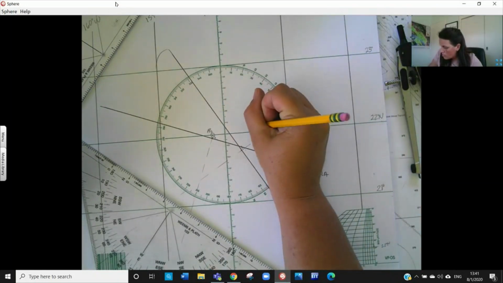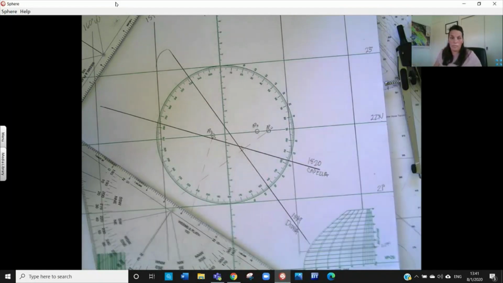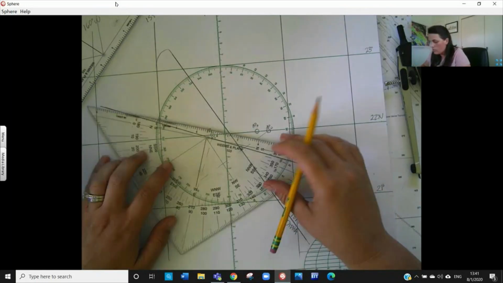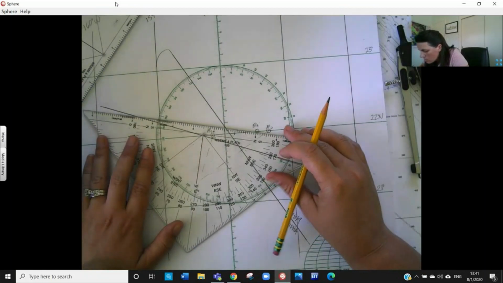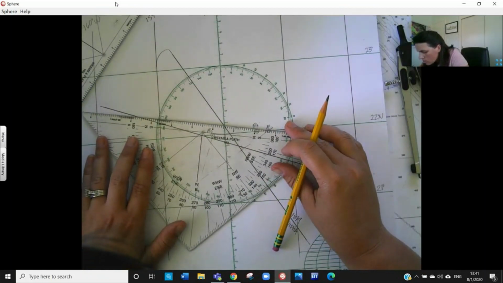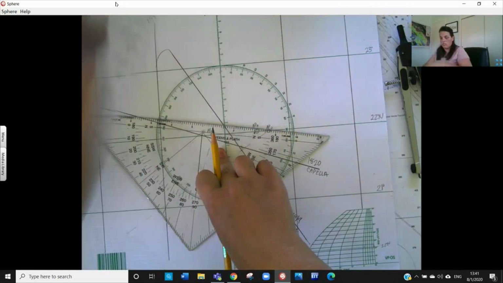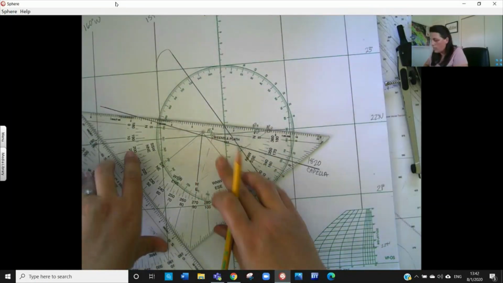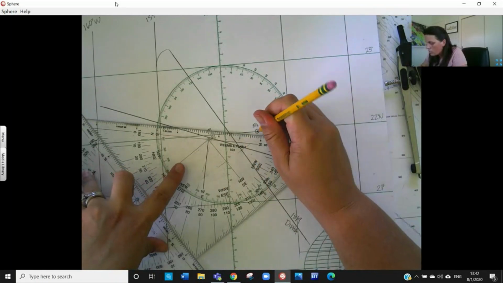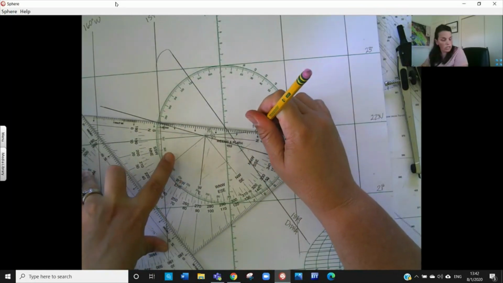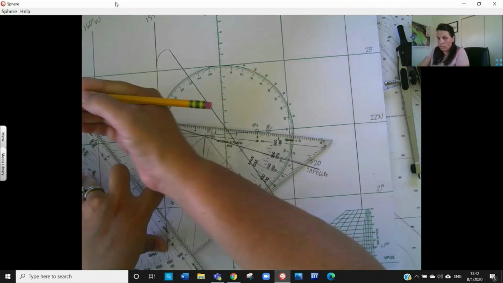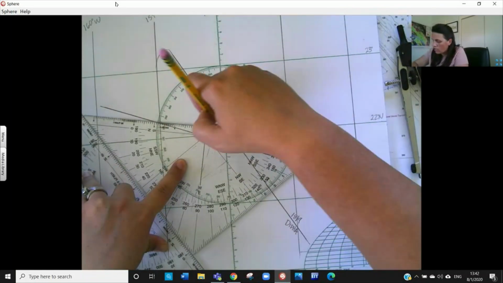Here's my assumed position for Hamal. And my azimuth was towards 279.8. So let's find 279, about 280. And we are starting at our assumed position, and we are going towards 27. So we are going to be going this way.